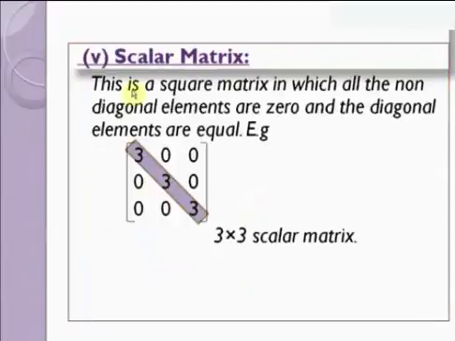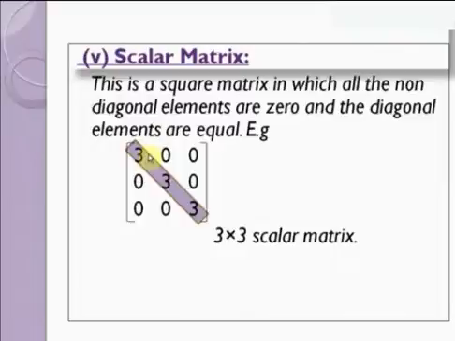Now the fifth is a scalar matrix. What is a scalar matrix? This is a square matrix in which all the non-diagonal elements are 0 and the diagonal elements are equal. For example, we consider this matrix. This is a 3 cross 3 scalar matrix.